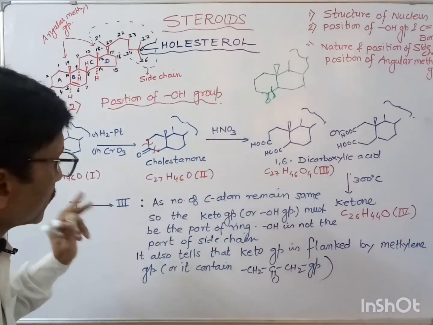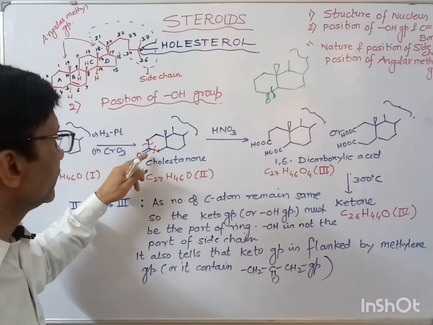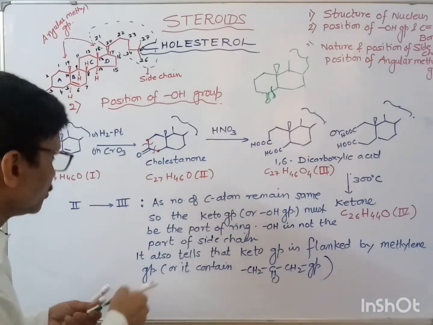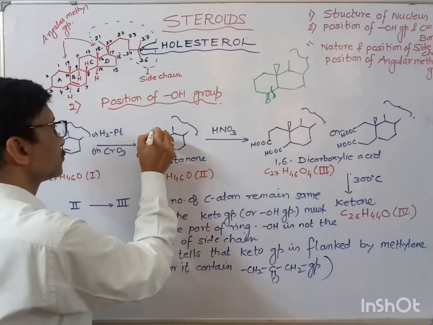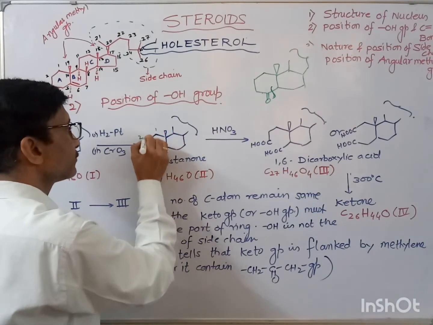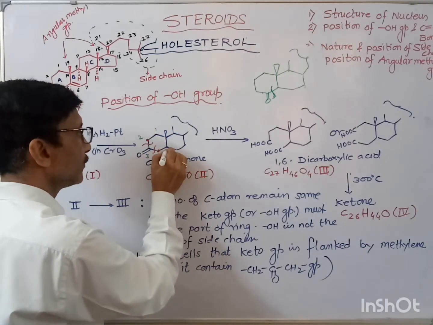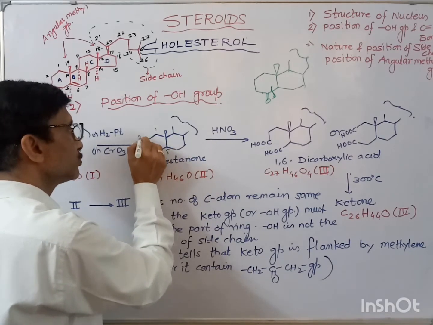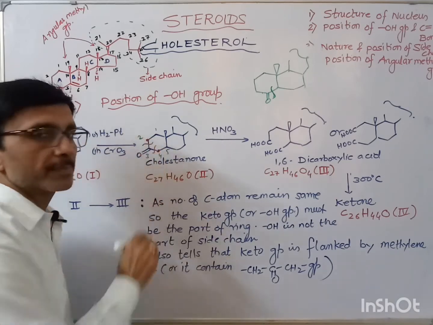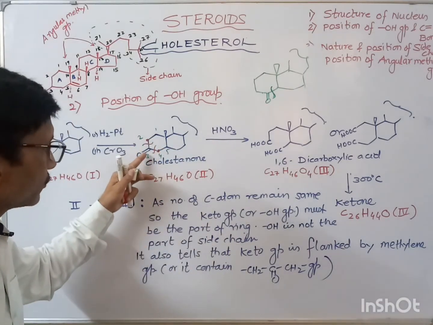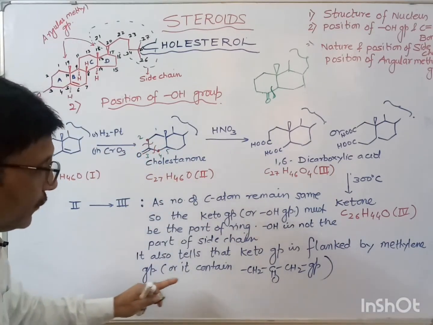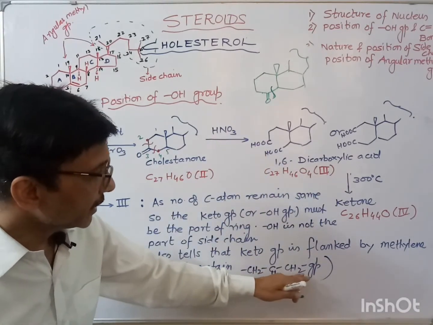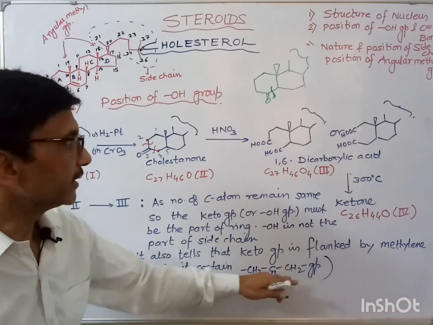So one thing was confirmed: this keto group is present either at position, as I told, this is first position, this is second, this is third, and this is fourth, fifth. So the keto group is present either at second position or third position, so that we may get the dicarboxylic acid containing this group.